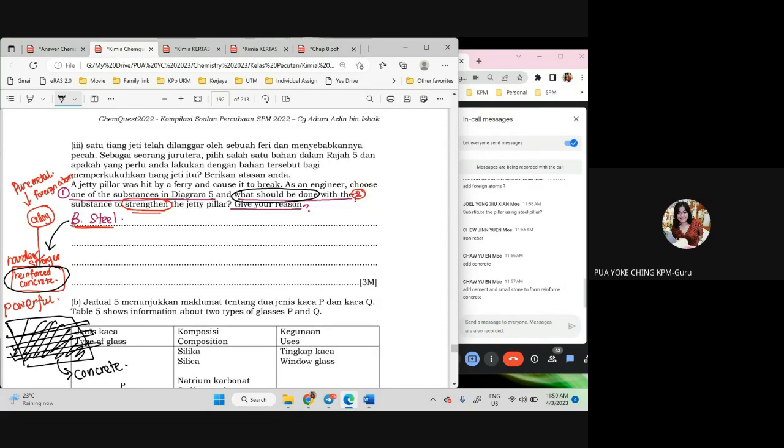So jawapan dia ialah add the steel with cement, sand, and stone to produce reinforced concrete.